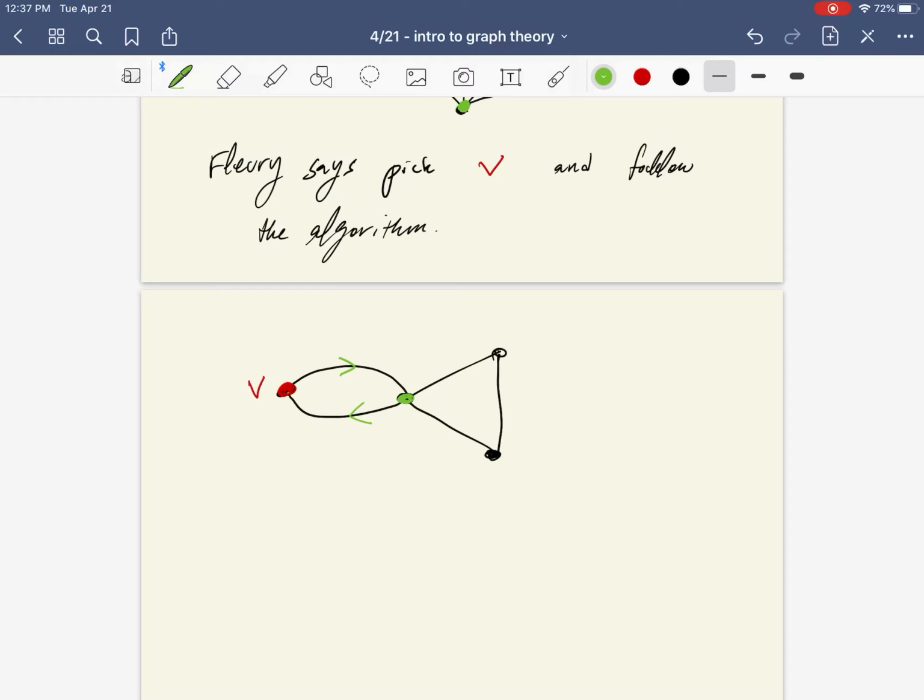I think your textbook has made a mistake. So in fact, you don't want to return to V. Actually, watch out.